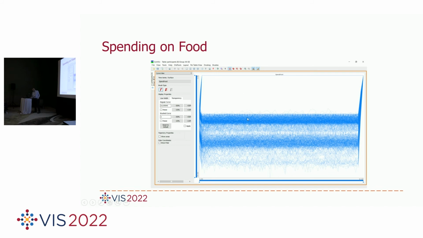This is like negative spending because the amount is given as your bank account going down. So basically, these people never spend on food. These are those participants that left the experiment. These people spend not so much, these people spend more, and the lower part spends a lot on food.